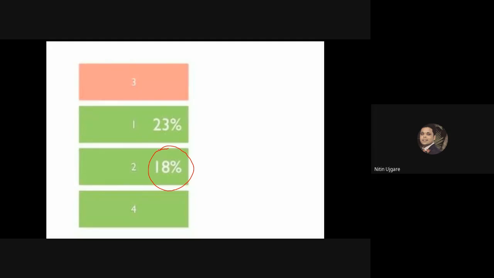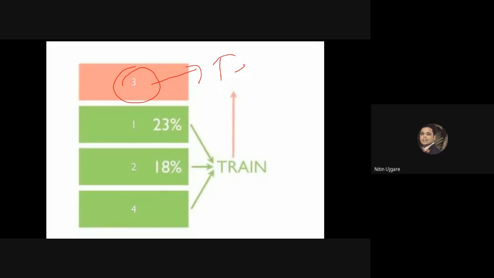So let's train and test this, and go to the third iteration. In the third iteration, I kept the third fold for testing the model and used the first, second, and fourth folds for training.